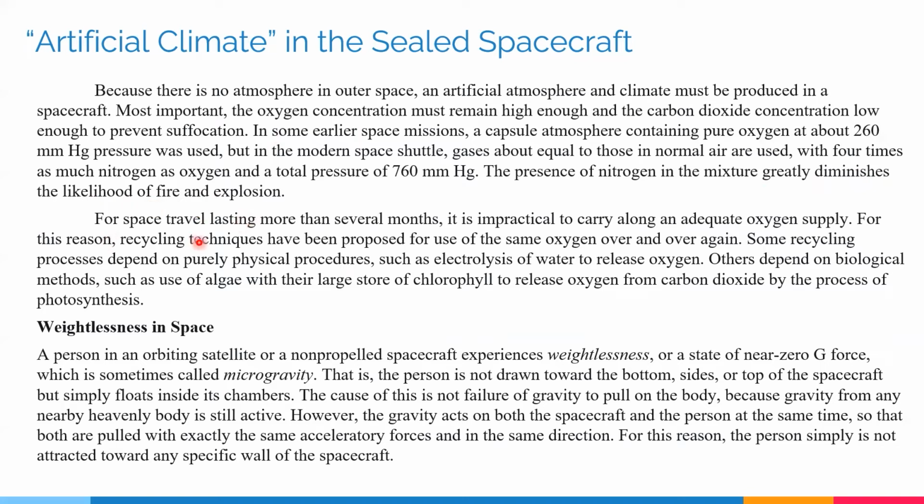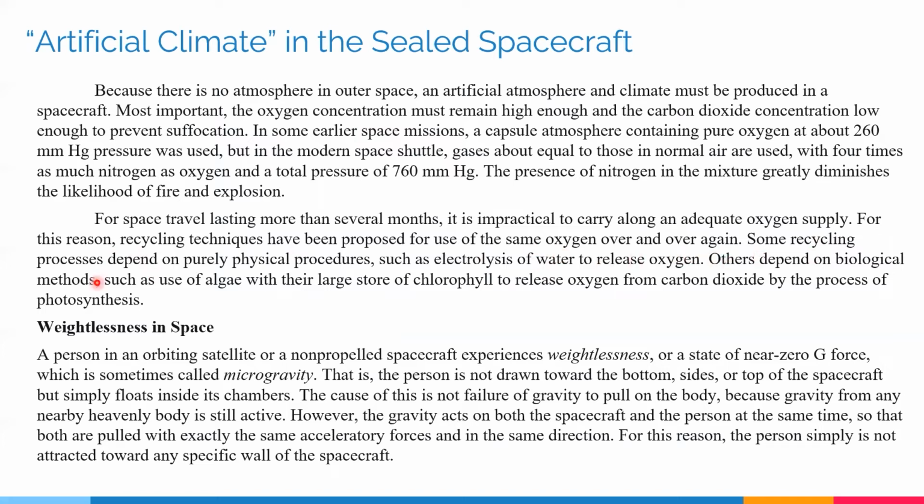For space travel lasting more than several months, it is impractical to carry an adequate oxygen supply, which will obviously be finished by the time the astronauts are well into their way in space. For this reason, recycling techniques have been proposed for use of the same oxygen over and over again.